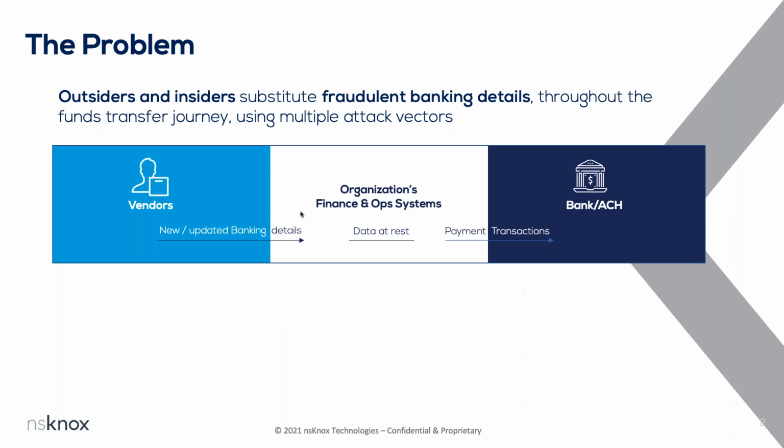It is actually bigger in my mind than validating the details when you just receive them. Now, different companies have different processes, and yours may be slightly different, but typically what we're seeing is organizations have a process to onboard new vendors and update their banking details. And while you're doing this, you enter data in your ERP system.